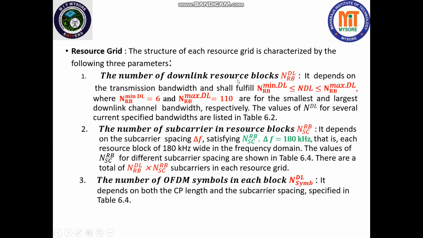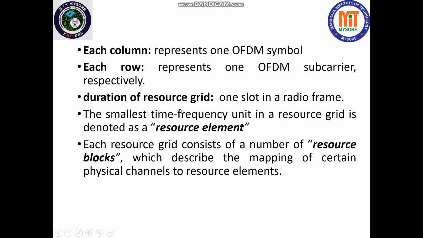The first is the number of downlink resource blocks, N DL RB, which specifies the number of downlink resource blocks. It depends on the transmission bandwidth, and it should be between some minimum and maximum value, and generally it will be between 6 and 110 resource blocks.